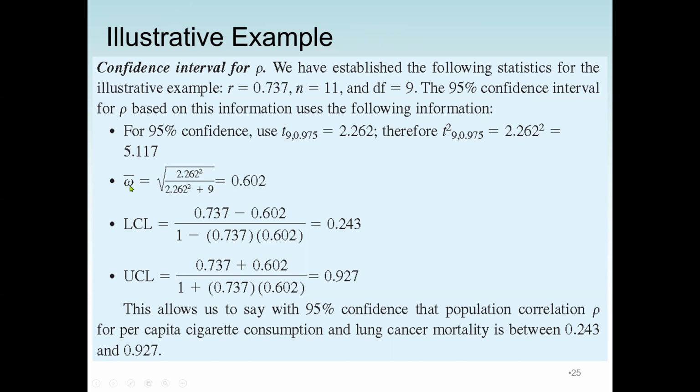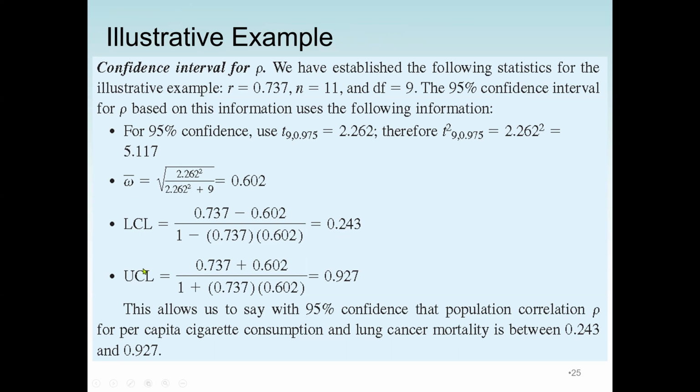So now that I know the W bar from the formula, we can find both the lower and upper confidence levels. The lower is R minus W over 1 minus R times W. We get 0.243.